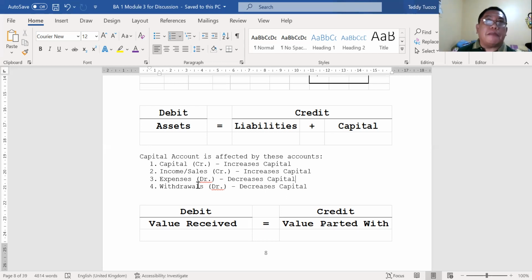But if the normal balance of the account is credit, and in your transaction analysis it is decreased by the transaction, then you debit that account.